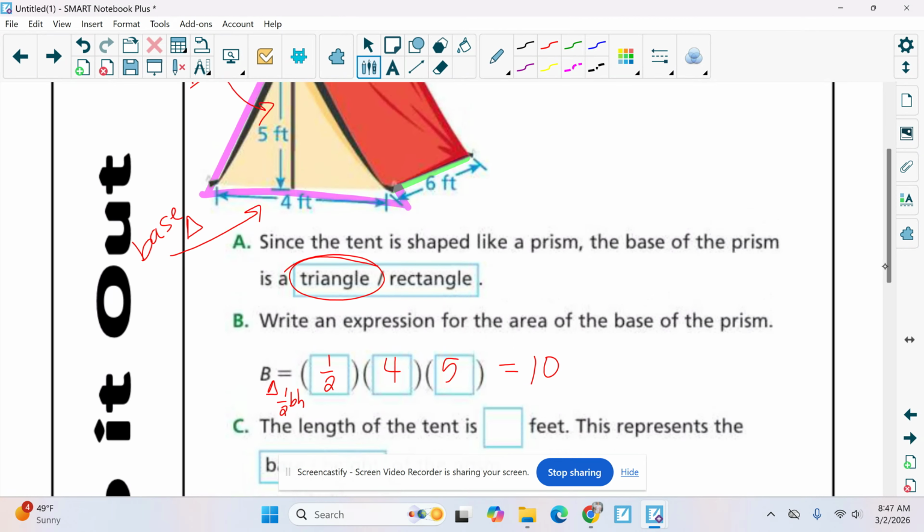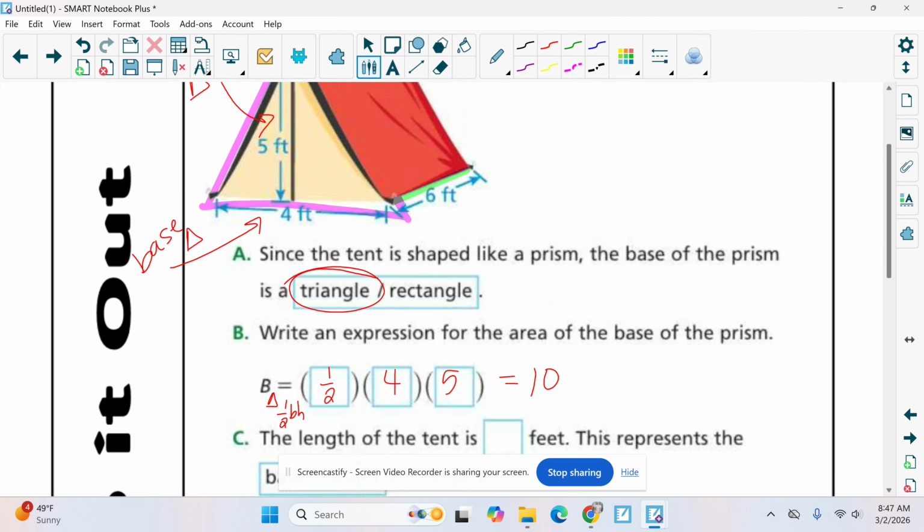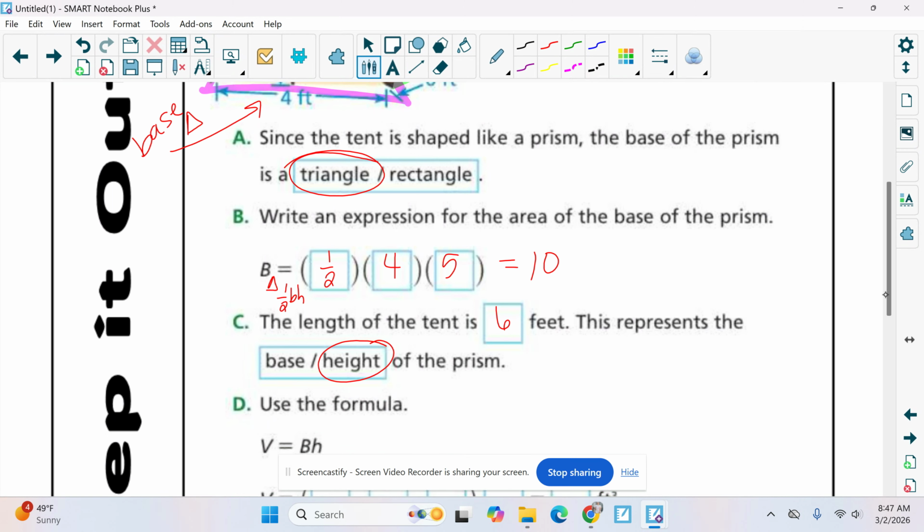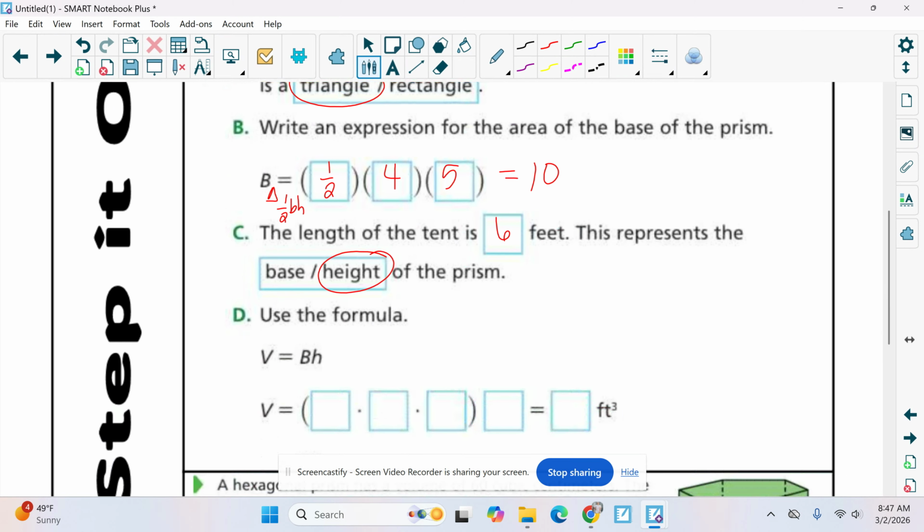What is the length of the tent here? How long is the tent? It's 6 feet, which is also representing our height. So if we were to plug this into the volume formula, we had 1/2, 4 by 5, that's the base.